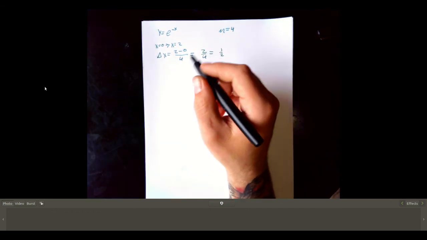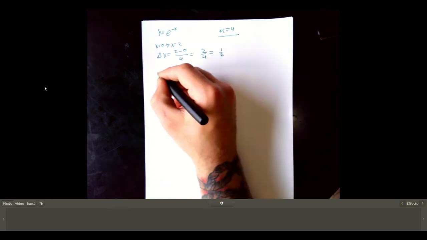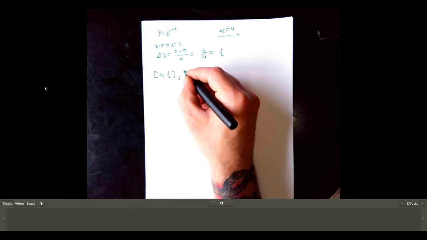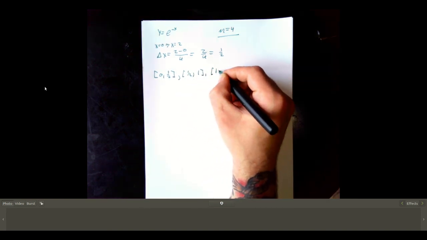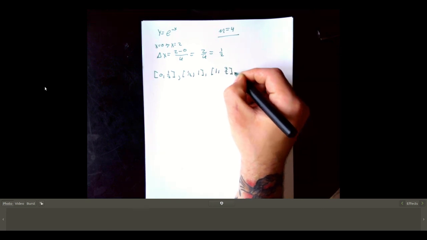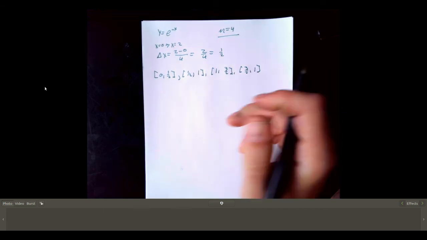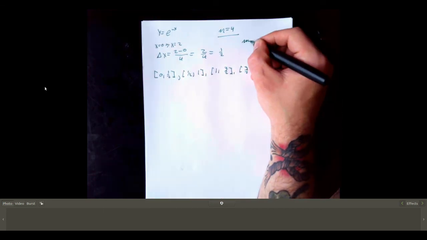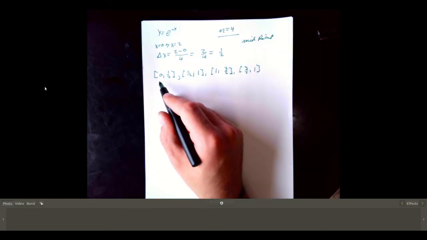So that means our 4 intervals, because we're breaking this into 4 intervals, are 0 to 1/2, 1/2 to 1, 1 to 3/2, and 3/2 to 2. Well, we're doing our midpoints, so we need the midpoint of each interval.